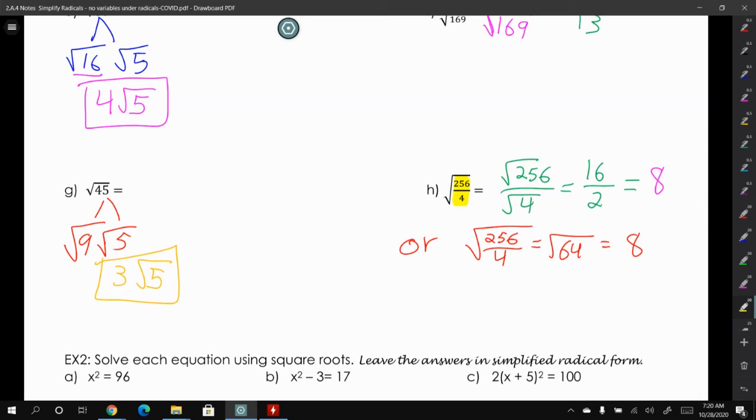Does that give you an answer that's a perfect square? And in this case it does. 256 divided by 4 is 64, and the square root of 64 is 8. That doesn't happen frequently, but it is something to look out for to see if it makes things a little bit easier. But what I have written in green will always work.